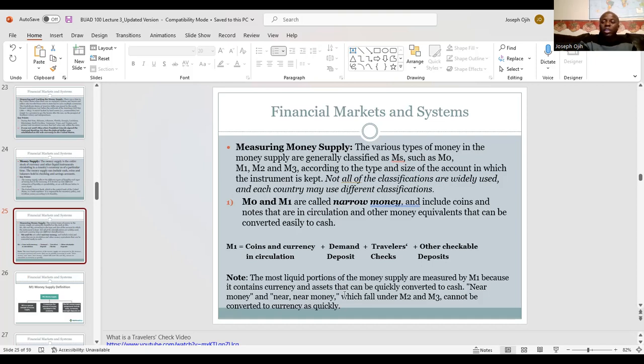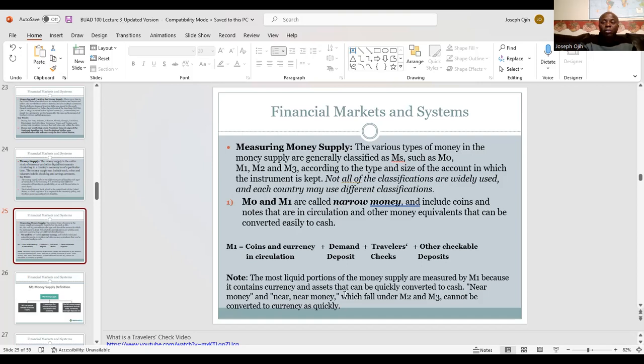If you have money in your checking account, you can always get it fast, withdraw it and use it anytime you want. There are ATMs everywhere. And if you have cash, it is very liquid, you can just go to the store and buy things with it. So M1 and M0, or what they call narrow money, is the most liquid portion of the money supply, as measured by M1.